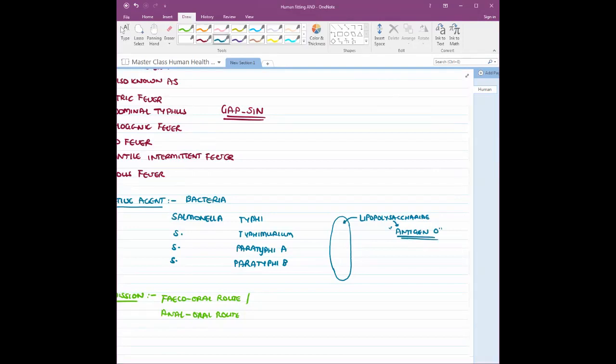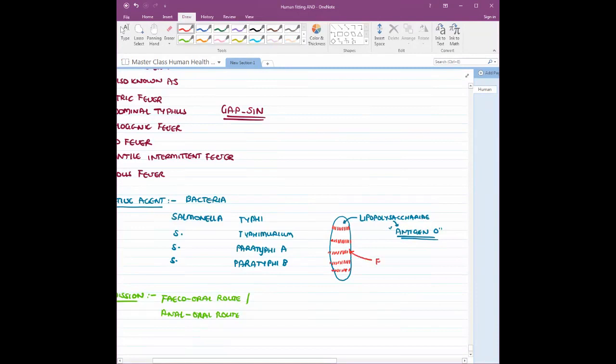But now, on the other hand, on this entire lipopolysaccharide you are going to see the flagella, the flagellar protein. So these are all the flagella which are present, like this.